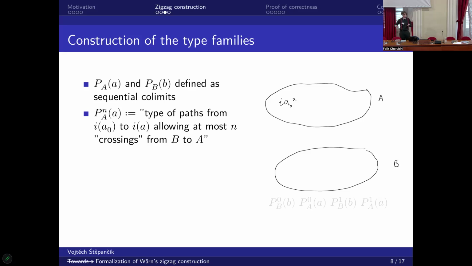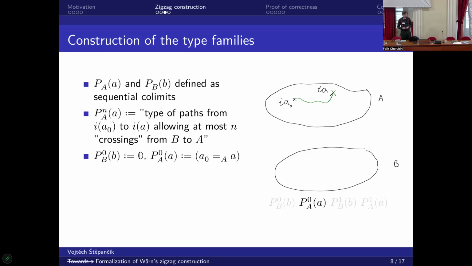And then when we take the colimit, we allow ourselves arbitrarily many such crossings. To start with, we see that there is really no way to get from A to B without any crossings. So PB at 0 is just the empty type.